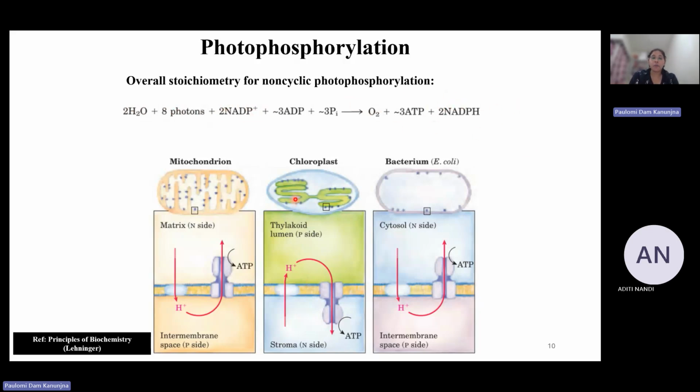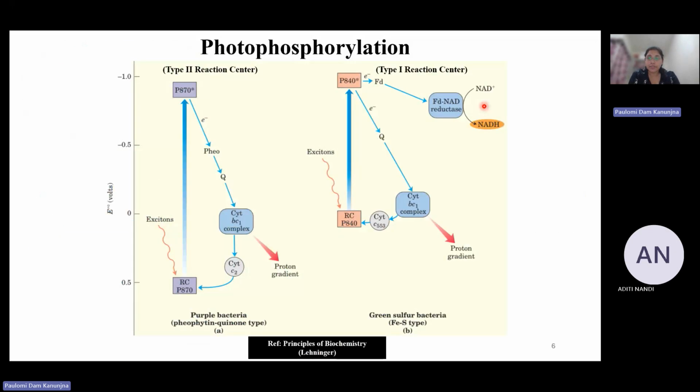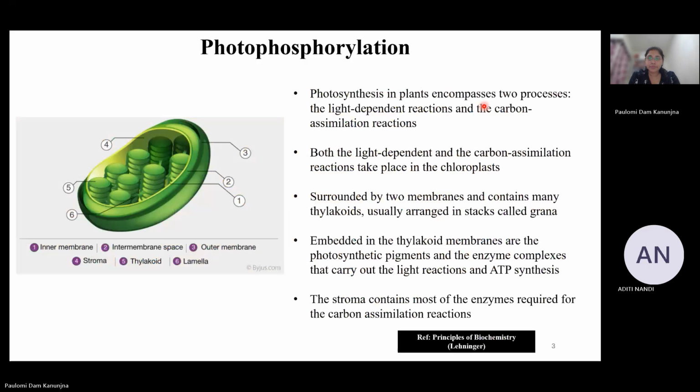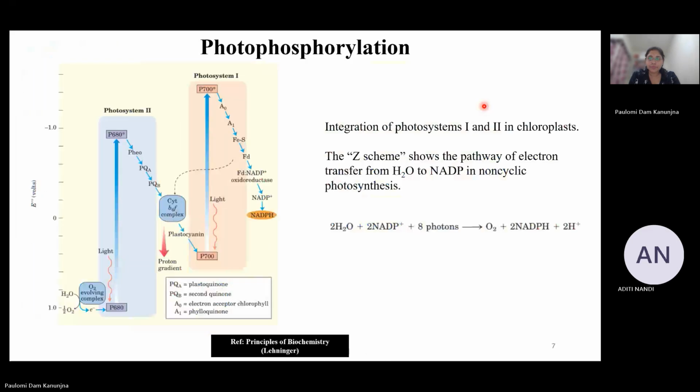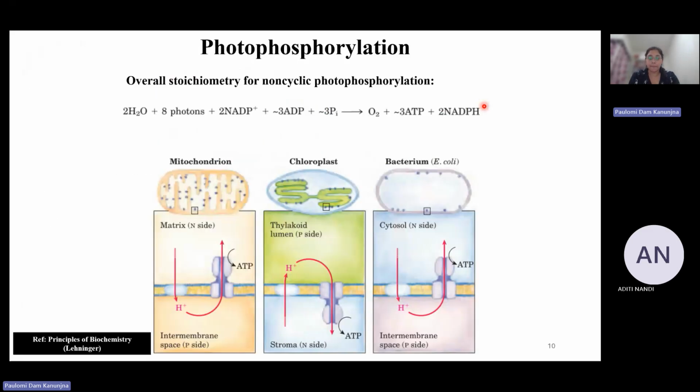In the meanwhile, remember, 3 ATPs are generated, so 3 ADPs are used up to form 3 ATP. So photophosphorylation finally leads to the formation of an oxygen molecule, 3 ATP, and 2 NADPH. This is per 8 photons. And if there are 8 photons, how many electrons are there? That's for you to wonder, because that's a question, and we'll discuss it there.